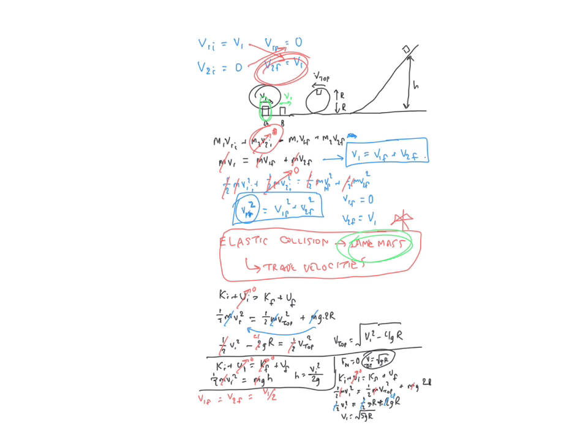So the answer for that simply becomes the speed at the top is equal to v1 squared over 4 minus 4gr. Nothing else in that equation changed because the only thing that was altered was that v1.